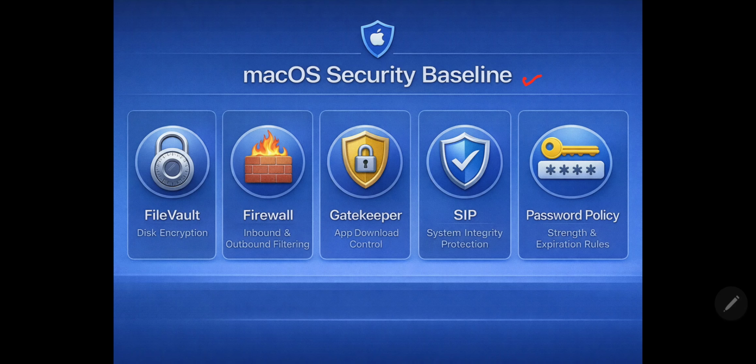Okay, and here you can see the feature, macOS security baseline. The macOS security baseline is a set of built-in security features in macOS that provide a fundamental layer of protection for the operating system, user data, and devices.